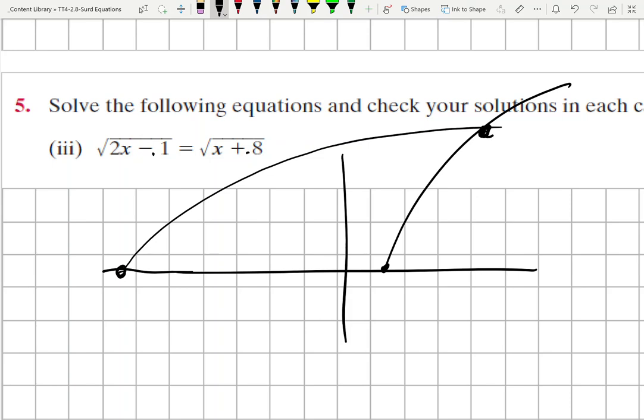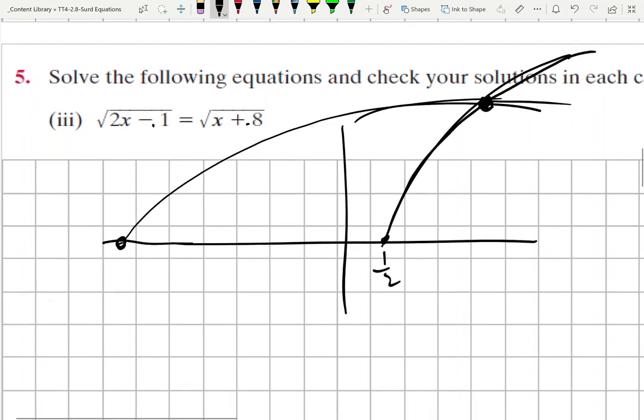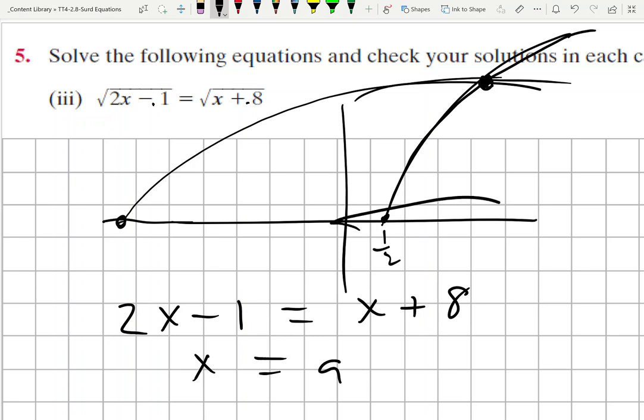You're getting one solution, maybe from a half, but you're getting one solution because these have different concavities, and so they can only meet once. Okay. And it happens at 9, out 9. And that's root 17 equals root 17.